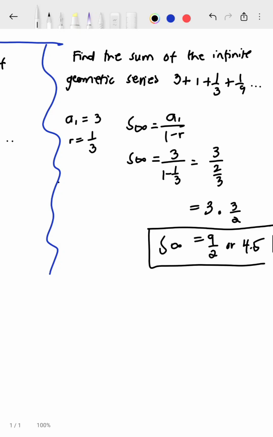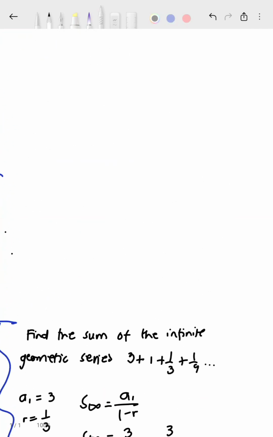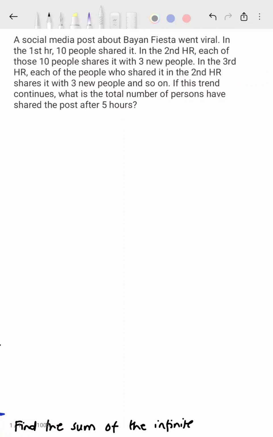So it really depends on the given para po alam po natin kung ano yung meron sa kanya. Okay? So, let's try to have this one in problem solving. So, a social media post about Bayan Fiesta went viral. In the first hour, 10 people shared it.